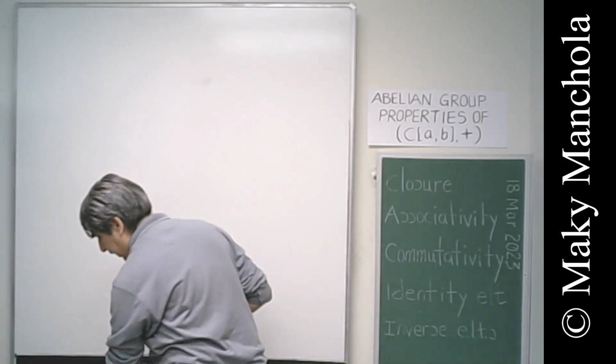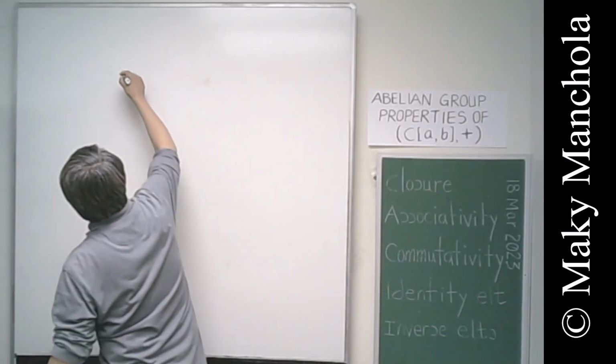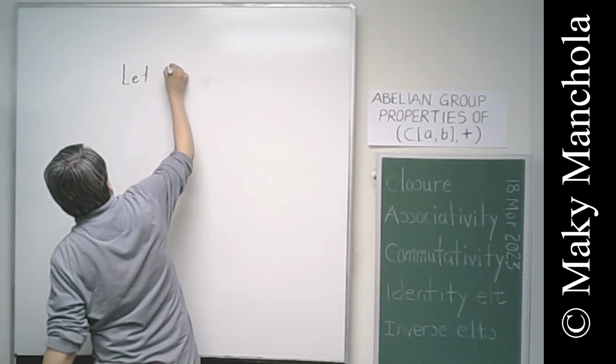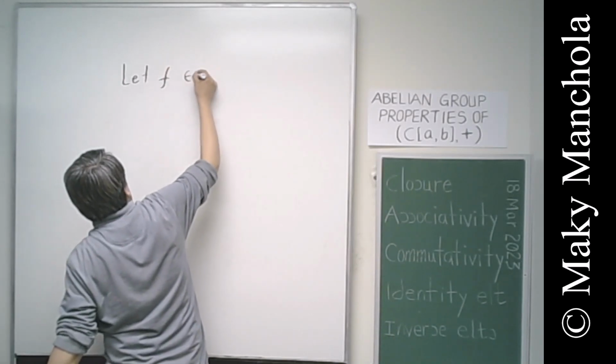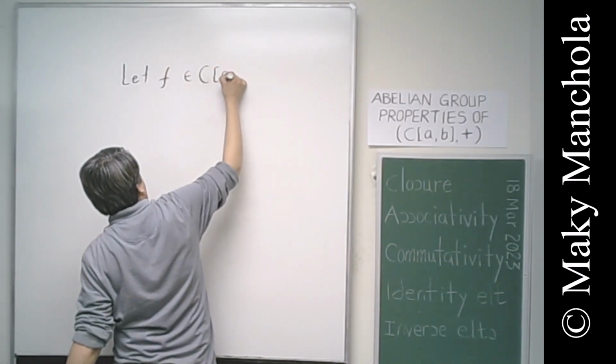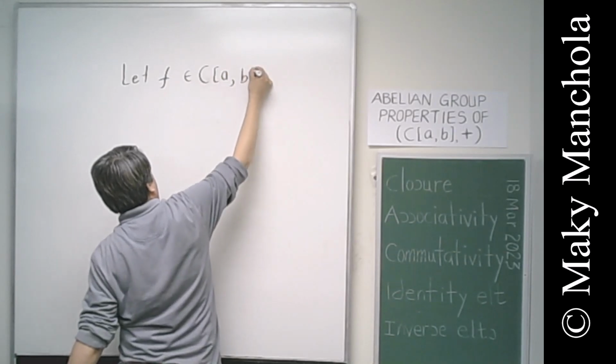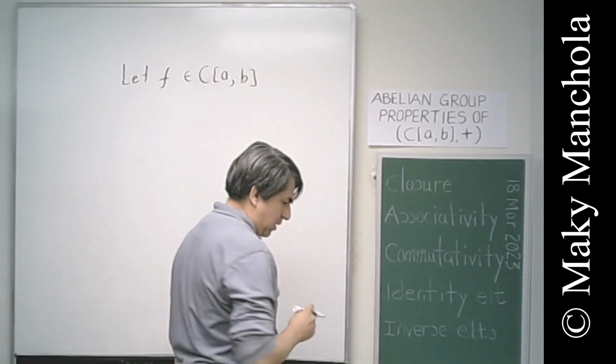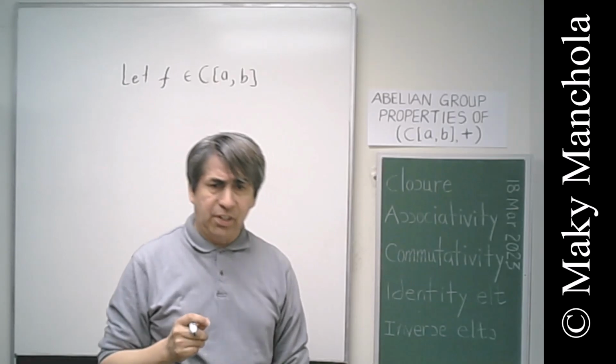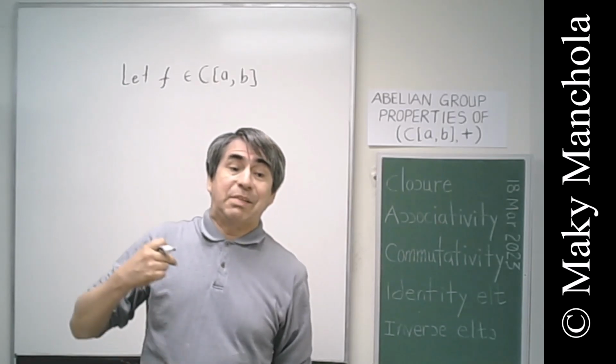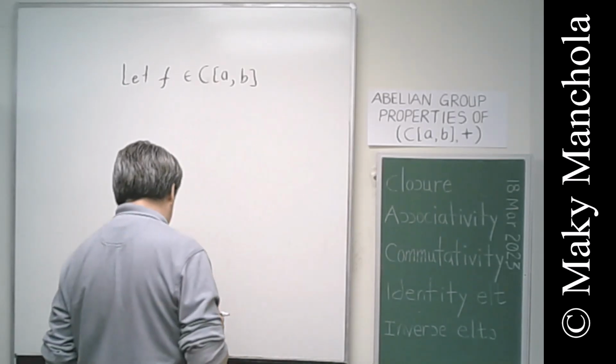So let f be a continuous function on the interval a to b inclusive. Now, the function I want, I'm going to call it minus f, and I'm going to define it as follows.